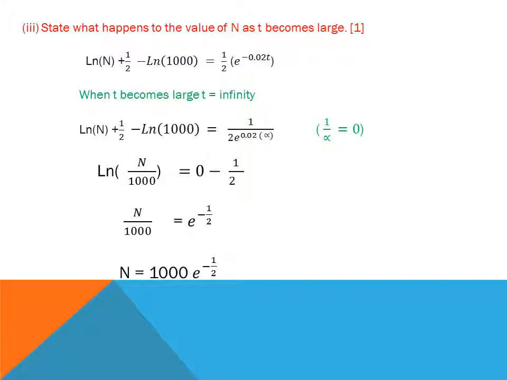Ln of n over 1000, I use the logarithmic rule here, is equal to 0 minus 1 by 2, because 1 over infinity is equal to 0. So n over 1000 is equal to e power minus 1 by 2, and n is equal to 1000 e power minus 1 by 2.